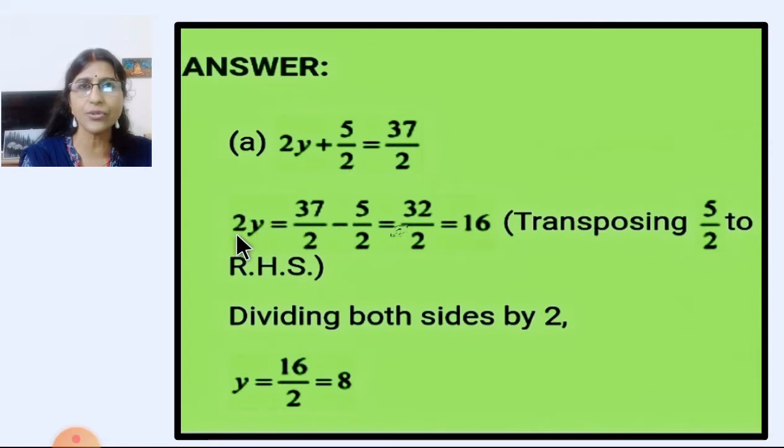So to remove this 2, we will divide both sides of the equation by 2. So 2y divided by 2 will become y, and 16 divided by 2 will be 8. So the solution of this equation is y is equal to 8.